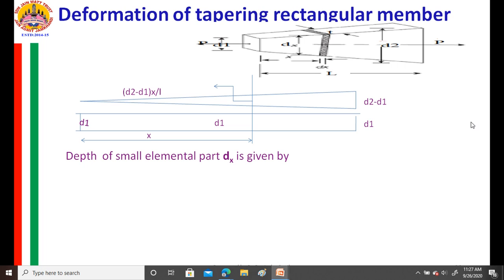Yes, friends, any doubt here? The depth at any location is given by d subscript x, which is equal to d1 plus d2 minus d1 divided by L into x.